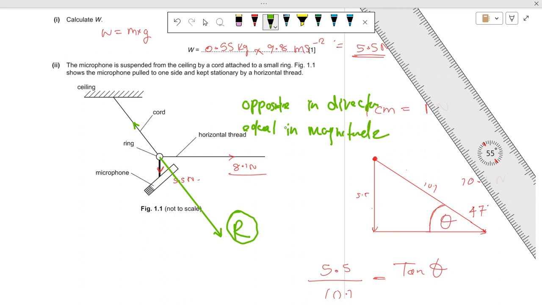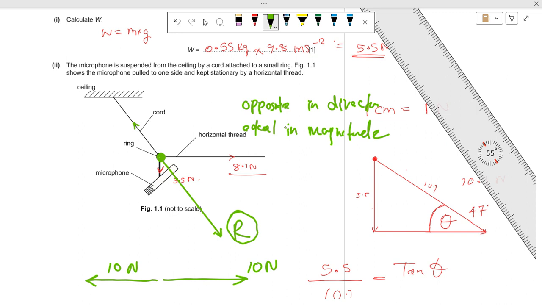Otherwise the mic cannot stay in equilibrium. If the tension of the cord is 10 newtons left to right, there should be exactly 10 newtons right to left.